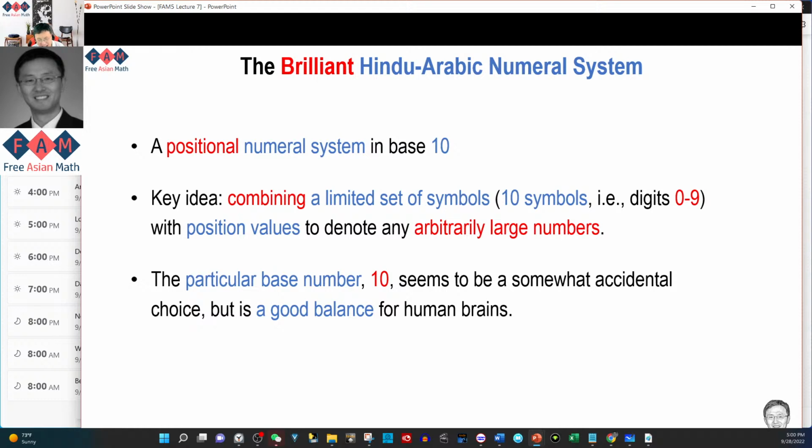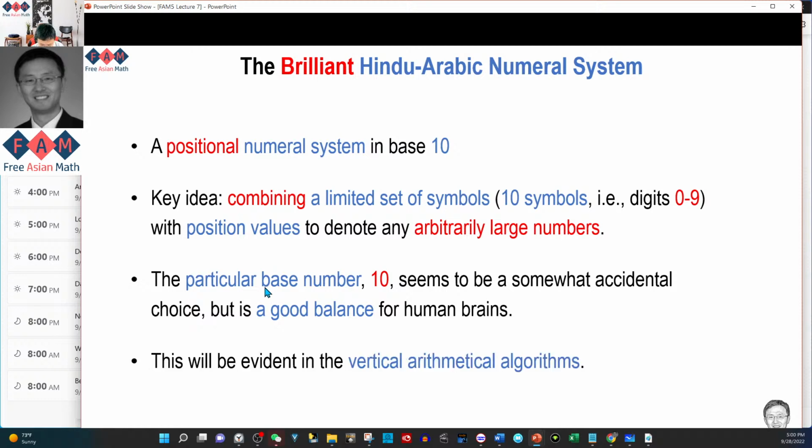We will see today why this number 10, historically, seems to be somewhat random, but of course it has its justifications. From a practical point of view, it's also a very well chosen, balanced number. So what if this number is not base 10? We'll see that.